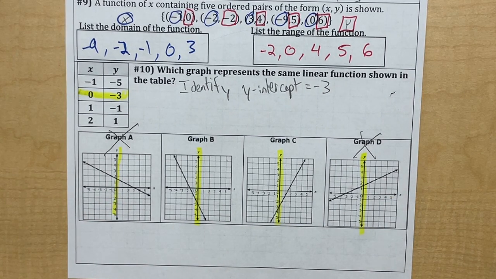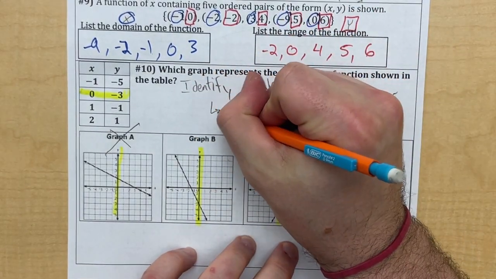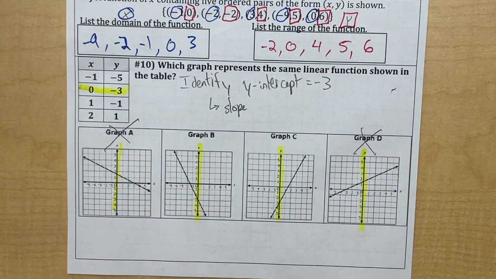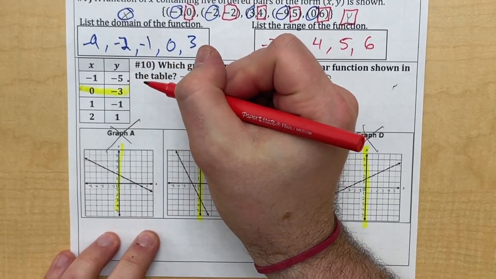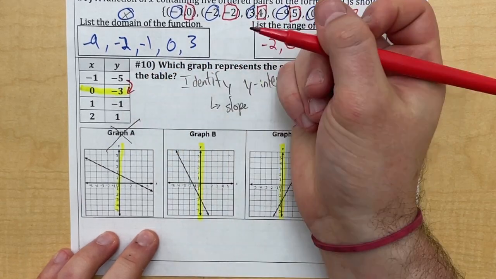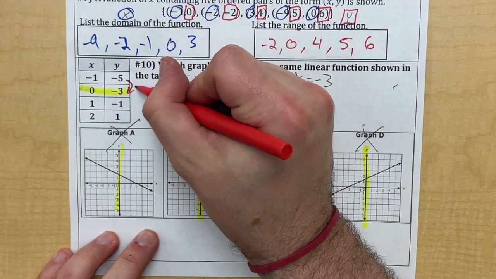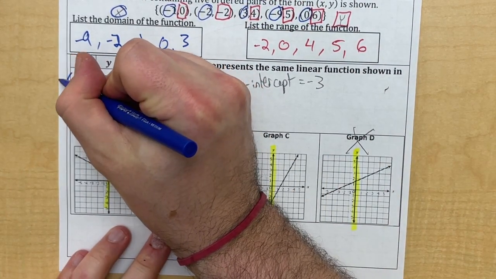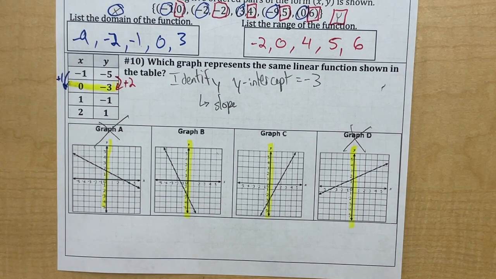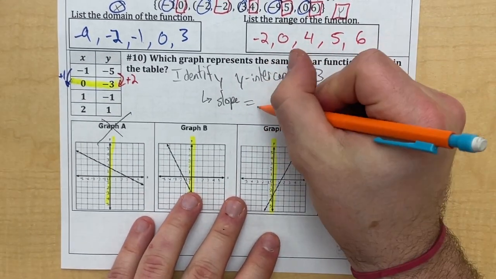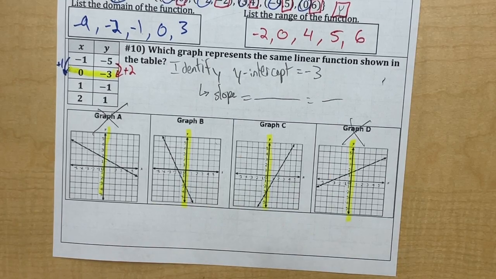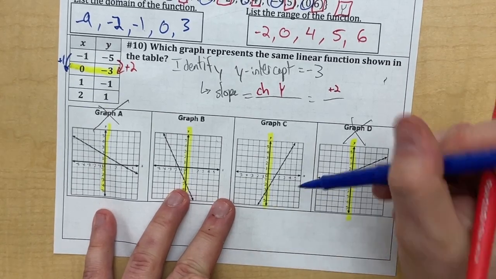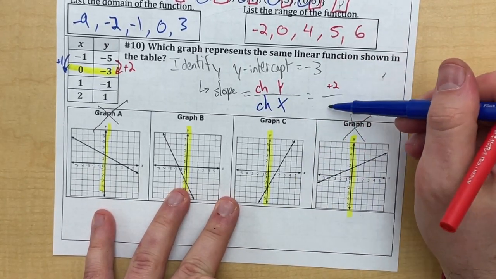So next up, I can identify slope. Again, that's my change in y over change in x. Well, let's find out what those are. I'm going from -5 to -3, which is +2, and from -1 to 0 is +1. So my change in y is going to be +2, and my change in x is going to be +1.